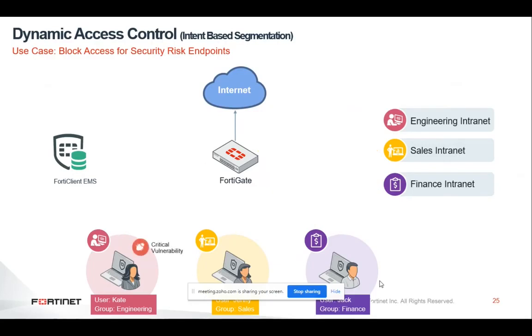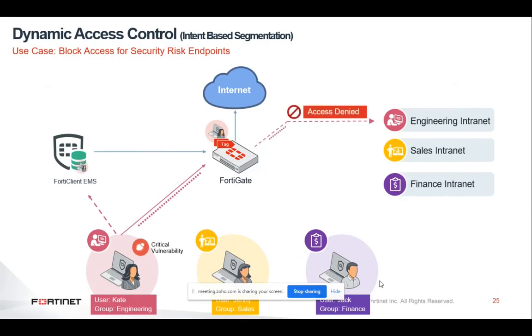Now, for example, Kate gets a vulnerability. When EMS sees this, it applies a new tag to the endpoint and sends it over to the FortiGate. In this example, we can simply show that Kate is denied access to the engineering subnet, but it could have been fully quarantined also.